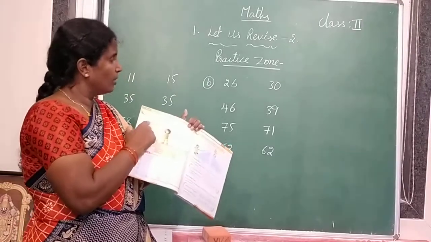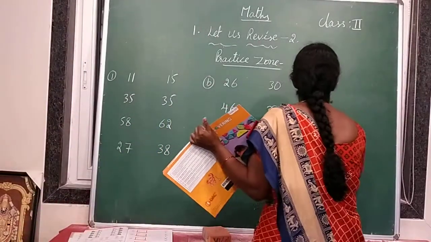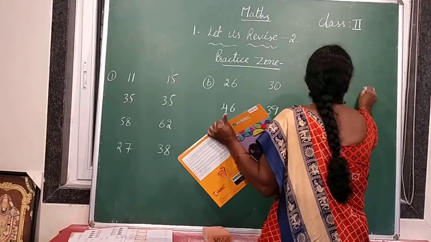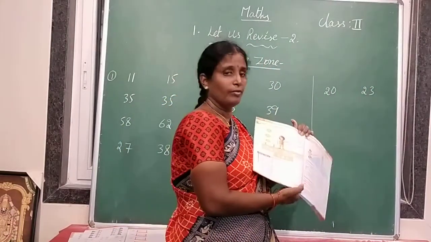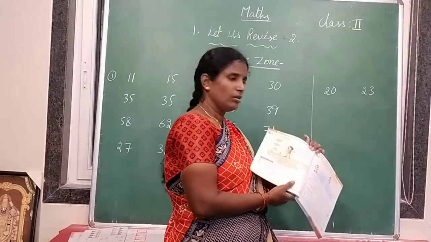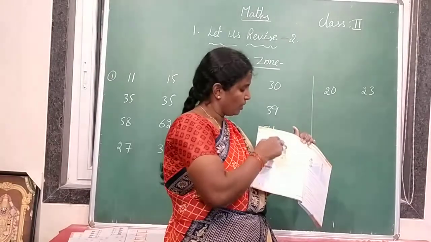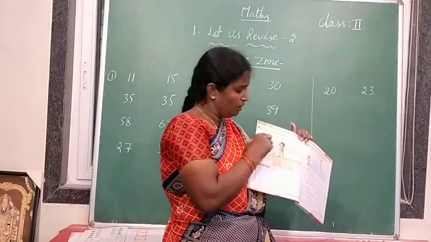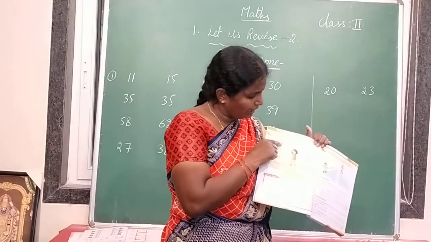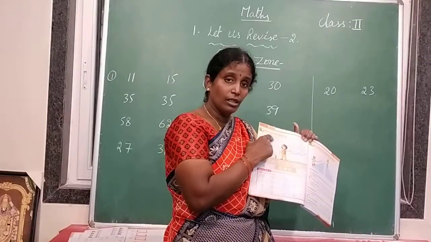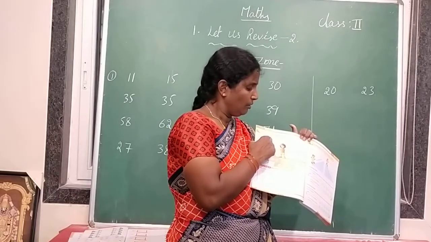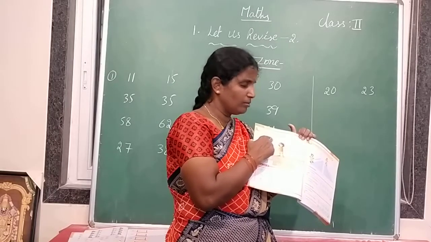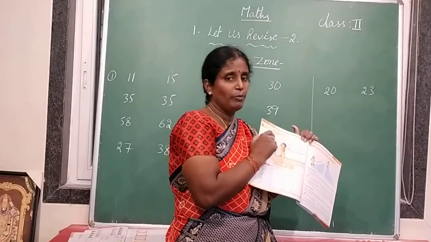And see these examples. 20 and 23. Which number is more? 23 is more, so the fish opens its mouth towards the big number. 23 is bigger, so the fish opened its mouth towards the big number.